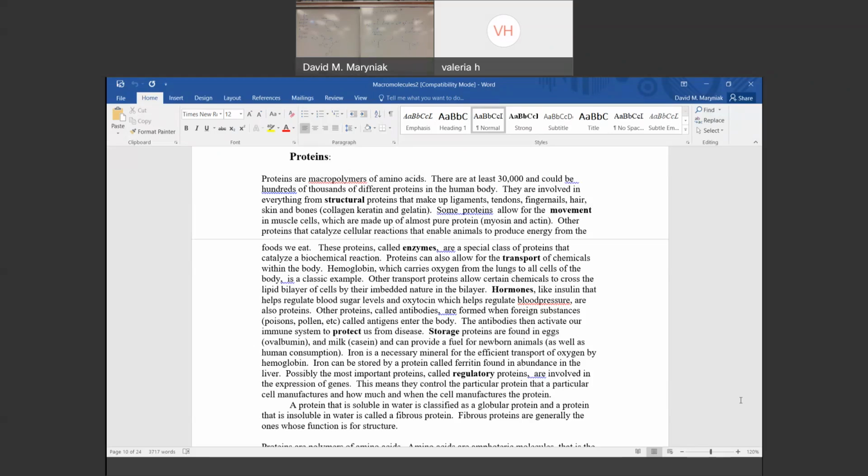So of course I missed some. Do we have proteins like actin and myosin involved in muscle and movement? And we covered transport, storage, protection, regulatory, and the big one I want to focus on are enzymes.